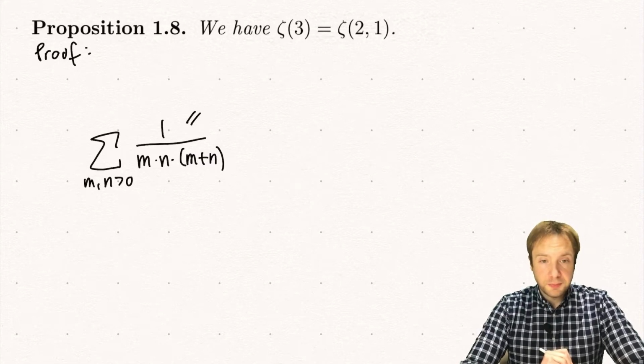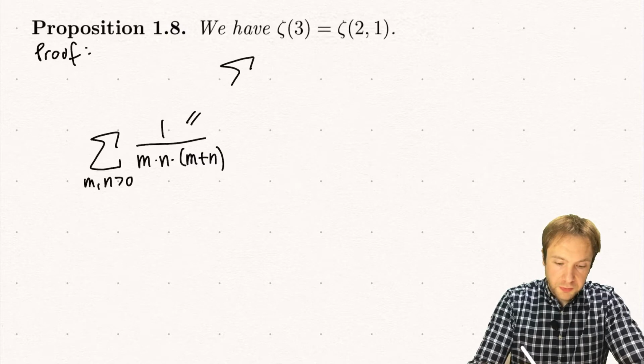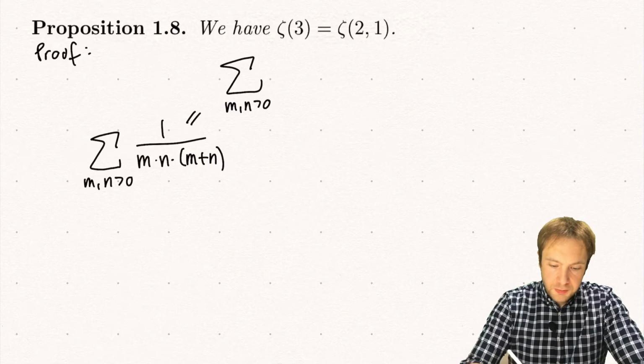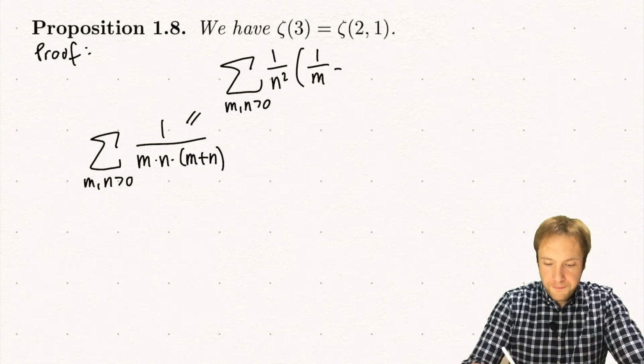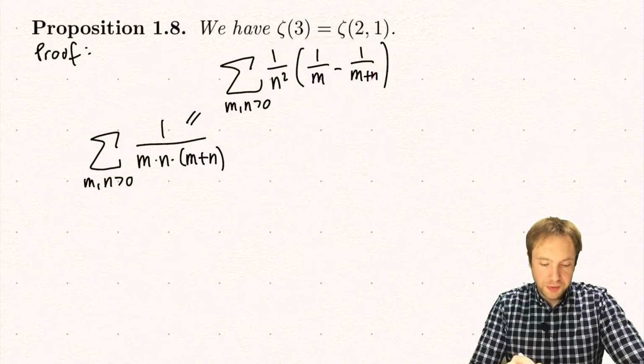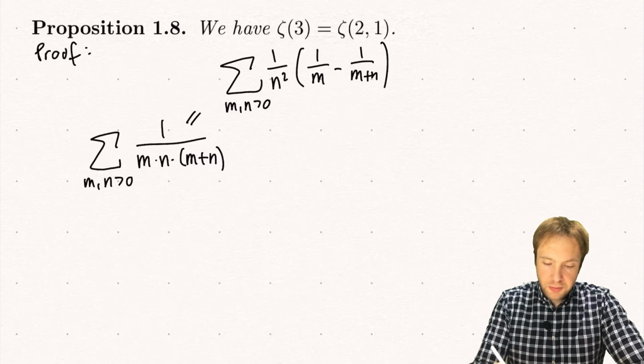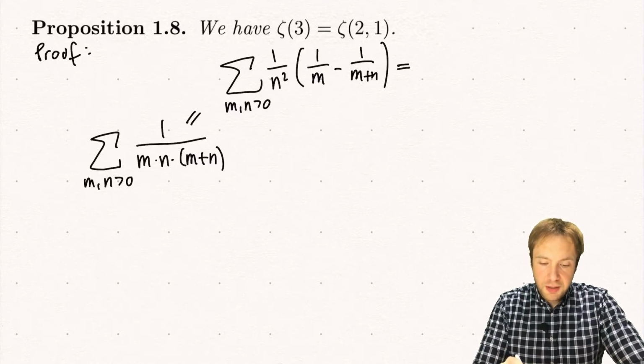So one way is that we can write this sum as follows. So it's n squared, and this you can see, well, it's basically partial fraction expansion of this expression here, and since this is absolutely convergent, we can now take first the sum over m.